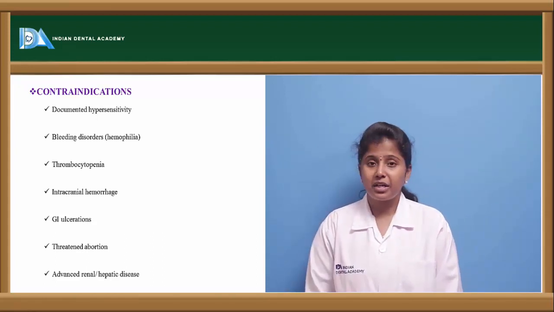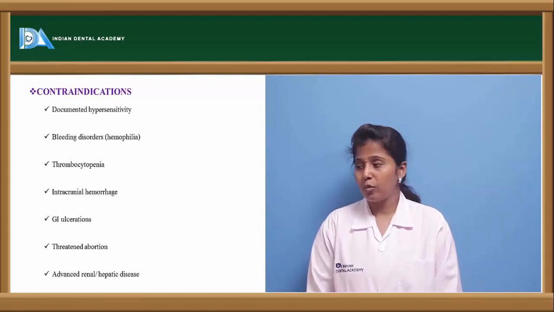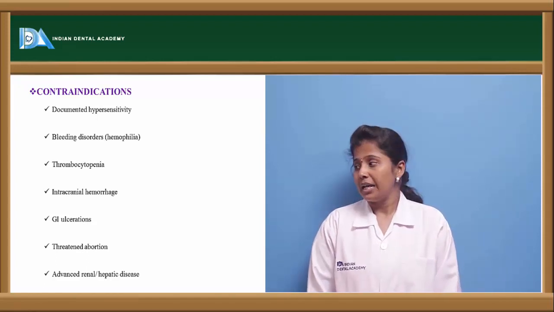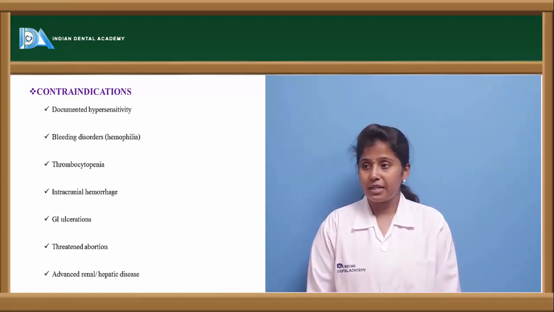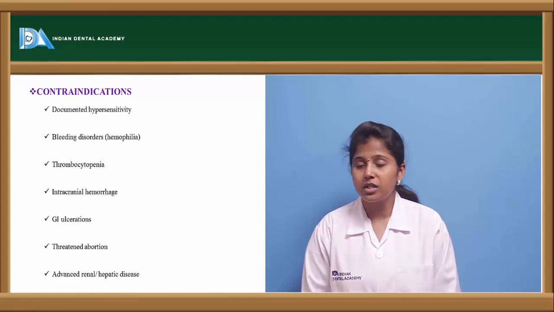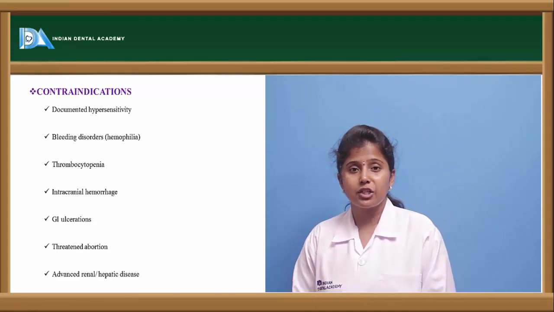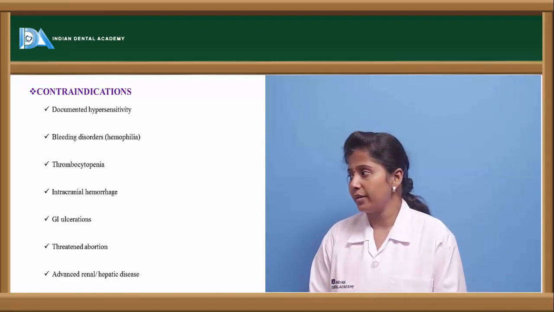Also in thrombocytopenia, intracranial hemorrhage, that is any hemorrhage in the cranial region, gastrointestinal ulcers, threatened abortion, and even in advanced renal or hepatic disease. So in all these conditions, this heparin should be contraindicated.